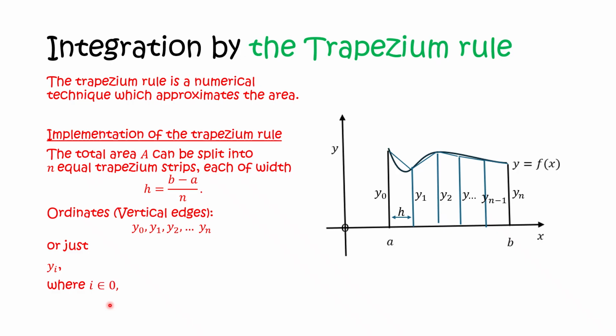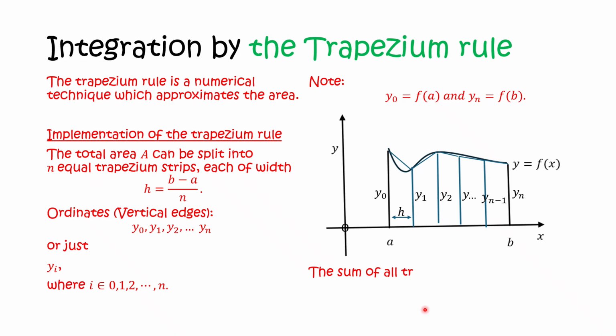And in this case, we are taking all the natural numbers, including 0. So as we look at the graph here, we note that the first ordinate, which is y0, is equal to f of a, and yn, the last ordinate, is equal to f of b.